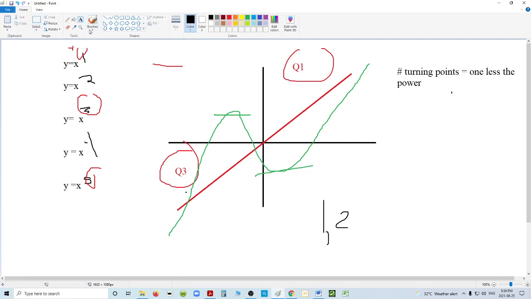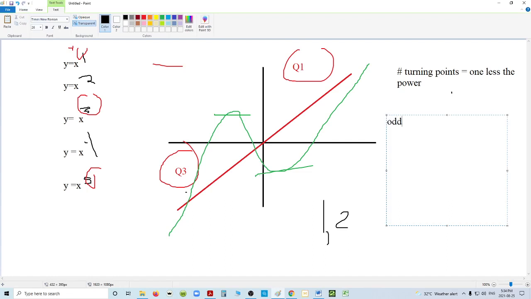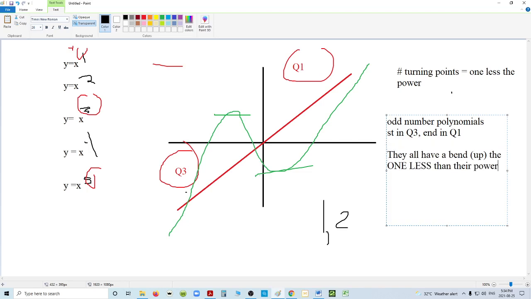So for odd-numbered polynomials, they all start in quadrant 3 and end in quadrant 1. They all have a bend up to 1 less than their power. Okay, so that's the second point.